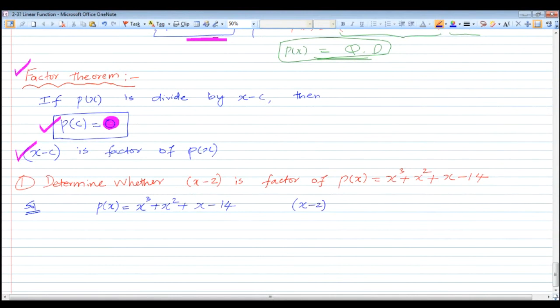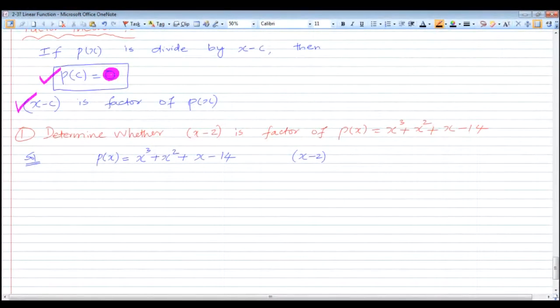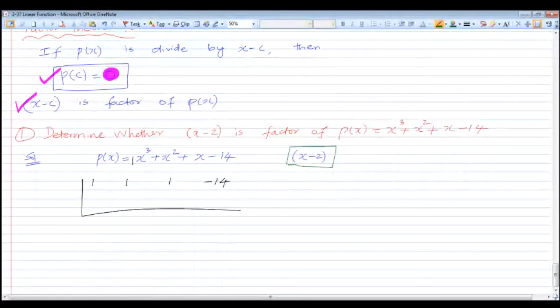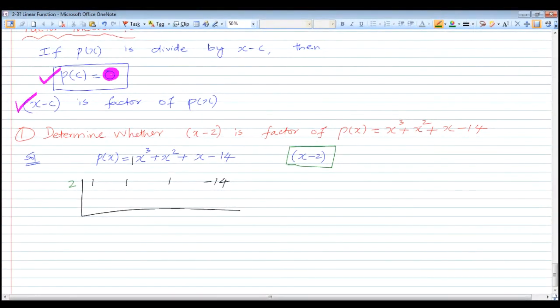Now the coefficients: 1, 1, 1, minus 14. And then I can start with this. Can you tell me what value I can take? 2. Here it is x minus 2, so I can write 2. If the c value is given, it is a direct value, right? Here x minus is given, therefore I have to change the sign.